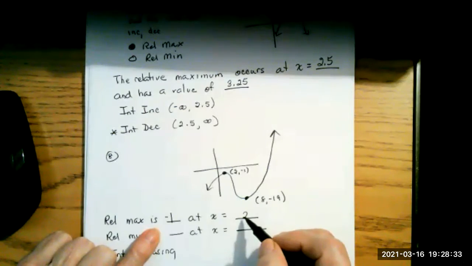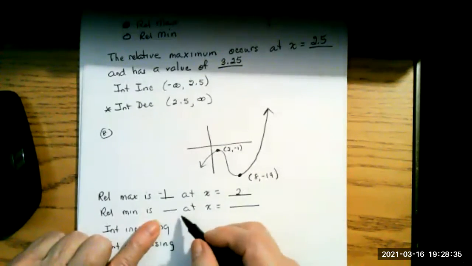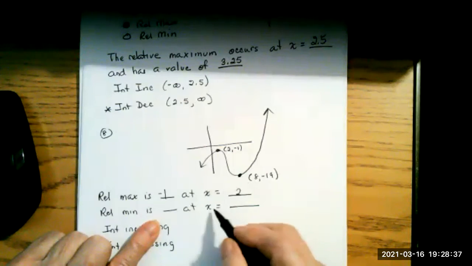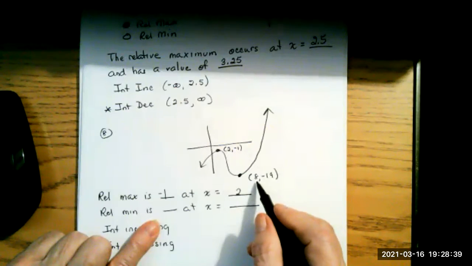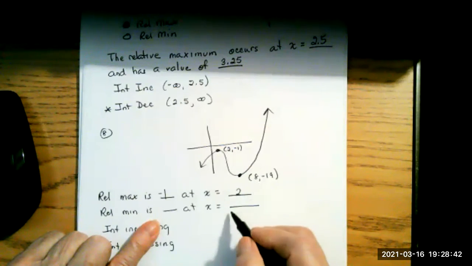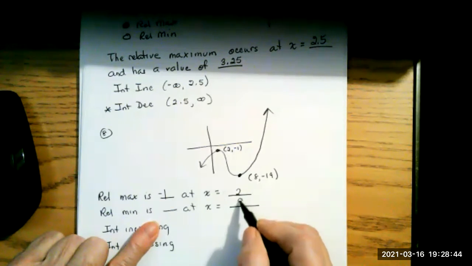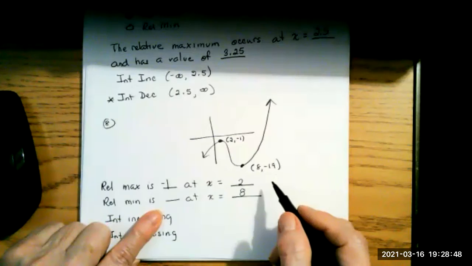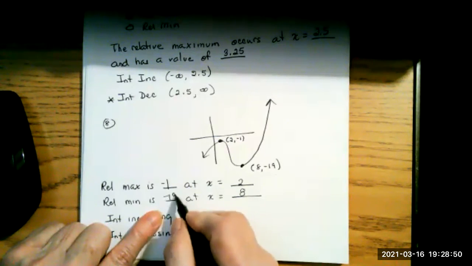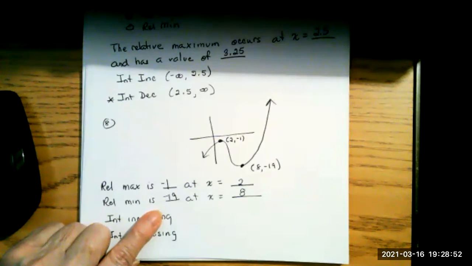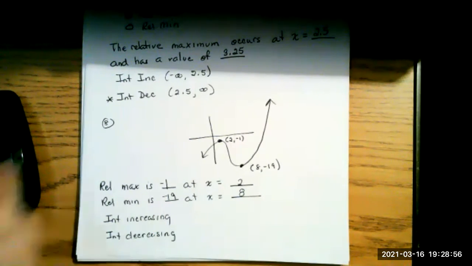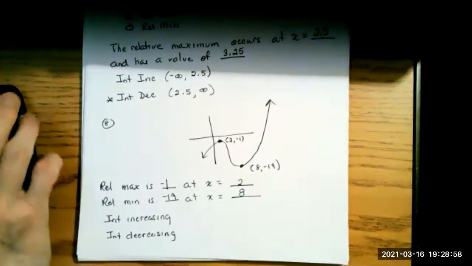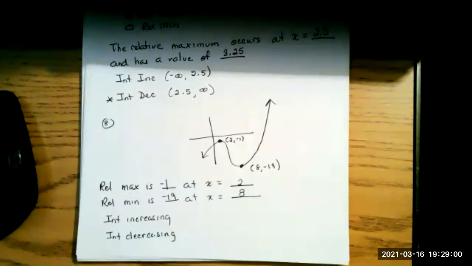Okay, now, Sequoia, do this one. On the minimum, what is the x value? The x value is 8. That's right. The x value is 8 and the y is -19. That's where those go. Very good. All right. Let's see. Amanda, can you tell me the increasing or decreasing?